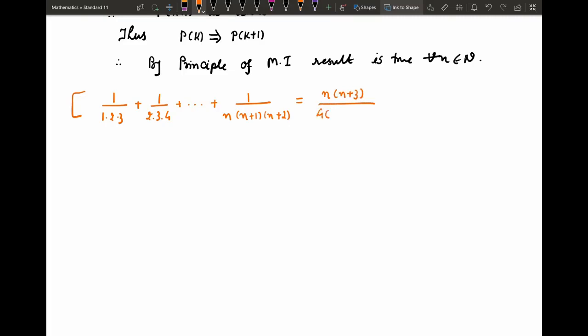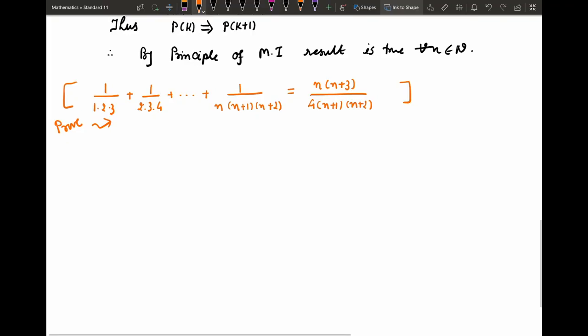Say statement you denote it by P of n, prove result is true for n equal to 1. Suppose result is true for n equal to k, and then prove result is true for n equal to k plus 1. So using principle of mathematical induction, you can prove this result.